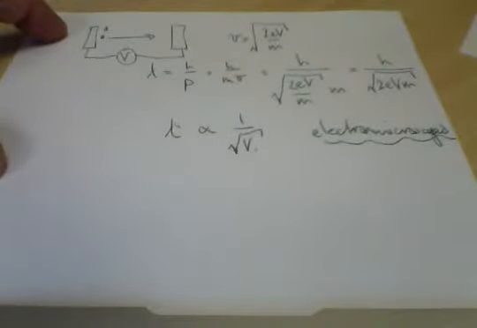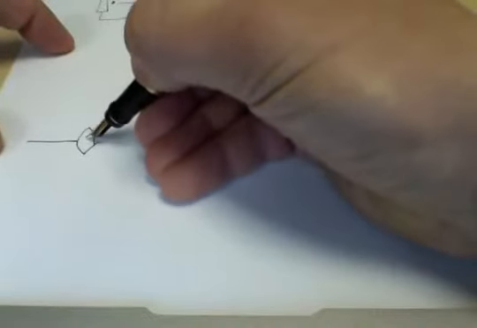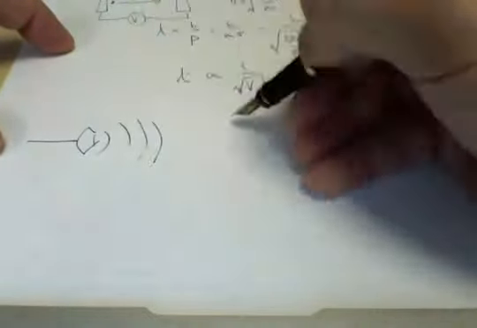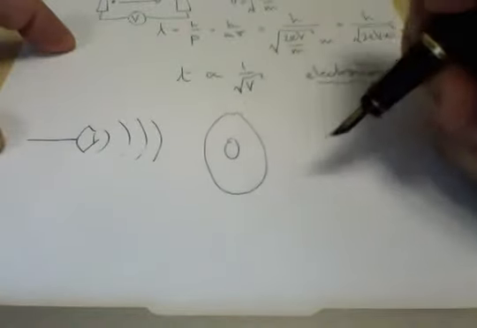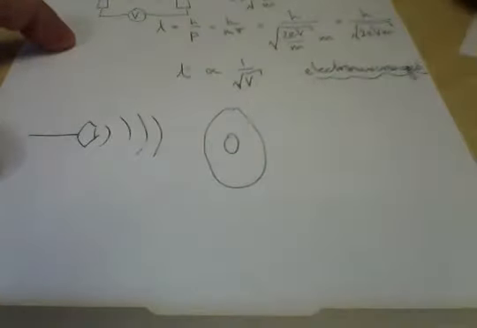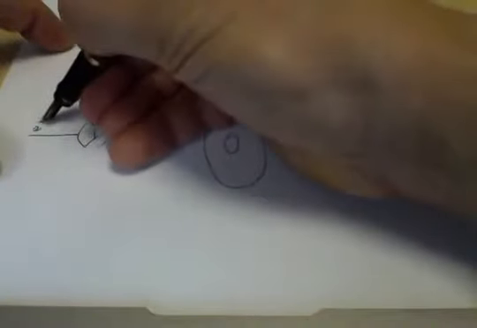Okay, so what we want to do now is, let's imagine our setup of our graphite, greatly magnified, diffraction pattern, and then this set of rings that occur due to the diffraction of the electrons.